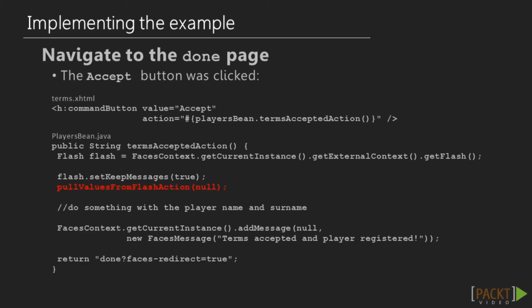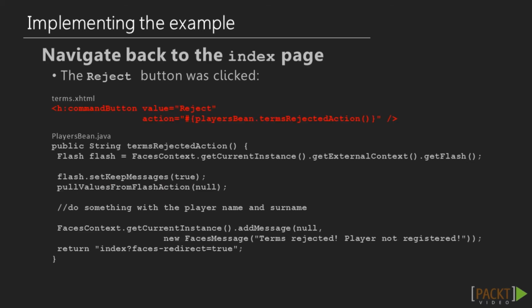Further, we initialize the properties of the bean that corresponds to the player name and surname with the values from the Flash scope. This is happening via pull values from Flash action method, which is discussed a little bit later. Notice that we don't do anything in the bean with these properties, but in a real case, we can use these properties to accomplish other tasks.